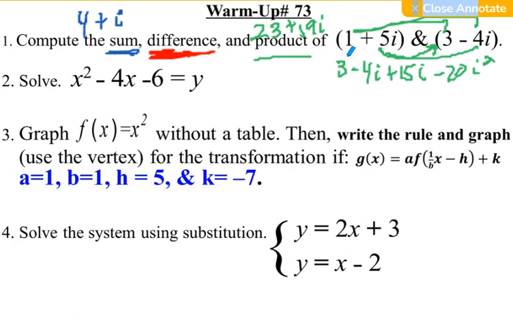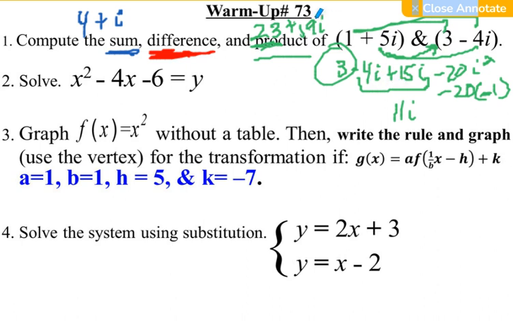All right, combine like terms. This becomes 11i. Is that correct? Then we got 3, and the negative 20 multiplies negative 1, because we substitute for the i squared, yes? So this is 20 plus 3, that's 23, yes?